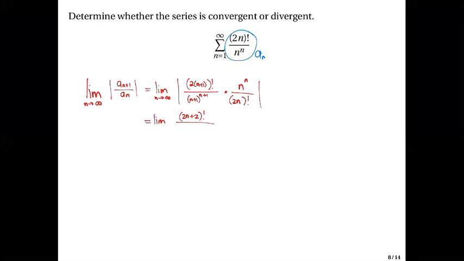Ihiwalay natin yung isang n plus 1. So, you will have something like n plus 1, and then you multiply this by n plus 1 raised to n. Okay? And then, for this, just write this n to the n. And in here, you have quantity 2n factorial. So far, so good.